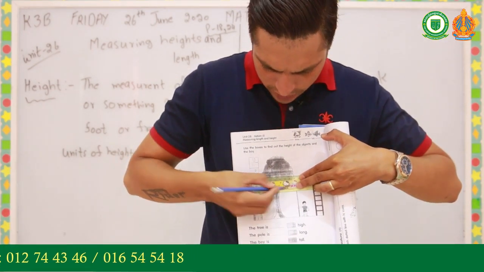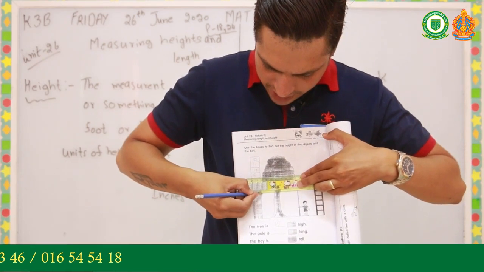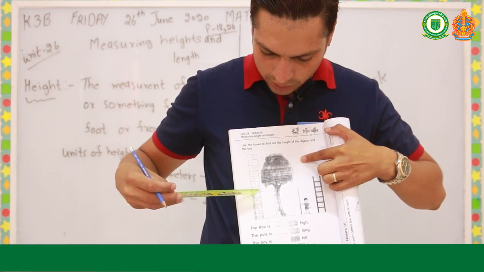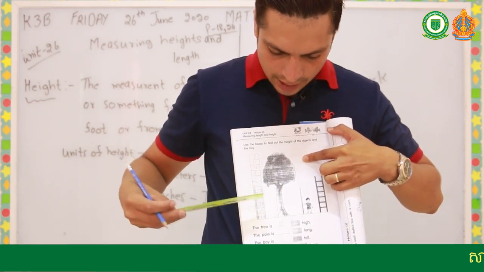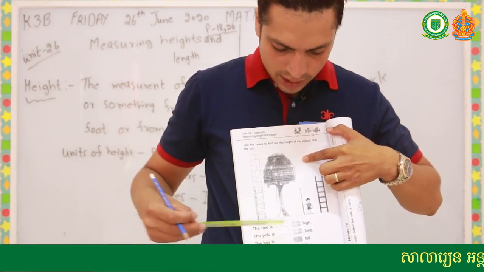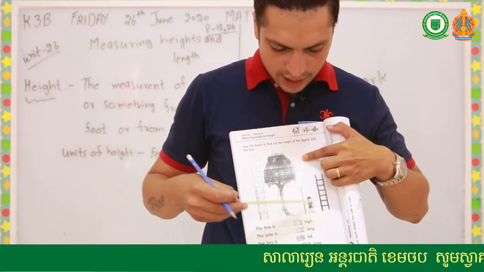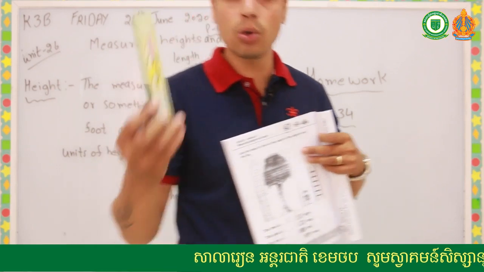Okay, so you can see where your mark is. So your mark is on the 5th box. Okay, so that means the pole is 5 boxes long. Okay, so same you can do for this and for the boy. Use a ruler.